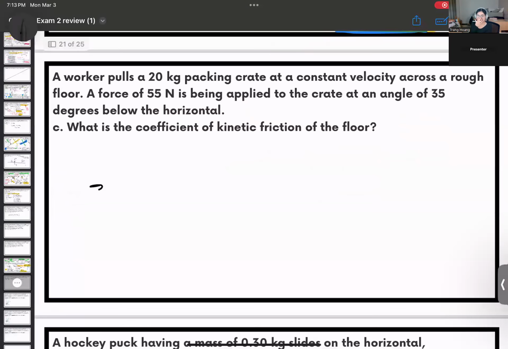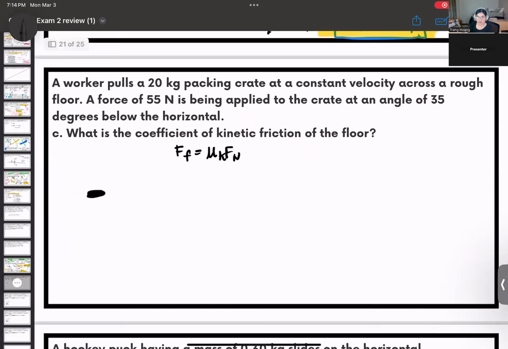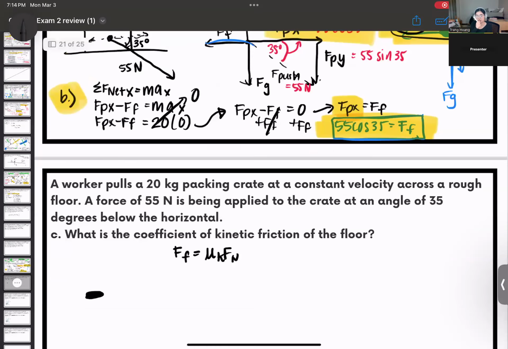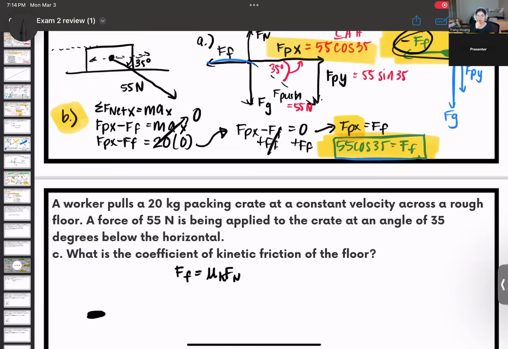I lied. This is complicated. So we know our equations. On your equations, you should have force friction is equal to coefficient of kinetic friction times normal force, right? You're like, yeah, we've got our friction force. No, we don't, guys. Do we? What's 55 cosine 35?